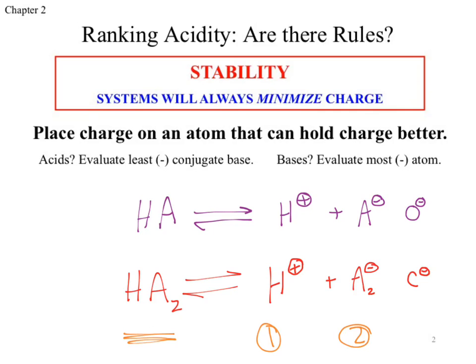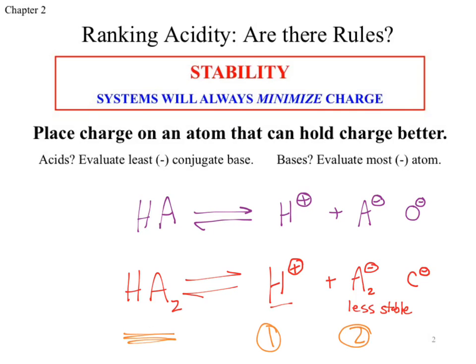Well, if the negative is less stable, will it form? If it's not going to form, what does that say about H+? The only way we can get our red A is if we form our H+. If we just said the red A does not form, what does that mean about our H+? Also does not form, which means, does our red HA act as an acid?